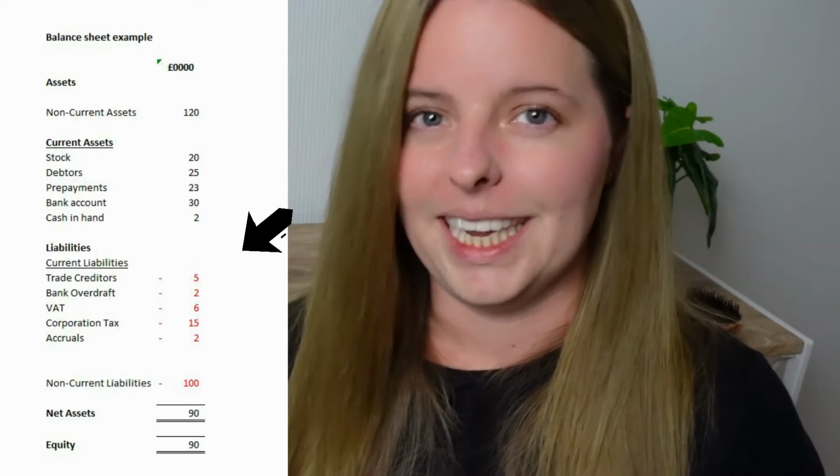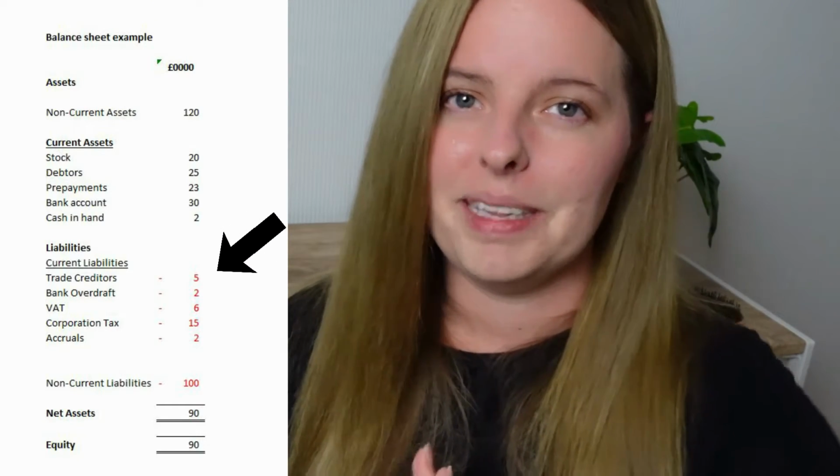Next, let's have a look at current liabilities. Current liabilities, as we said before, are liabilities that are due in less than 12 months. So they're current because they're due in less than 12 months. This might be the likes of accruals, trade payables due in less than 12 months, VAT owed to HMRC, or corporation tax owed.